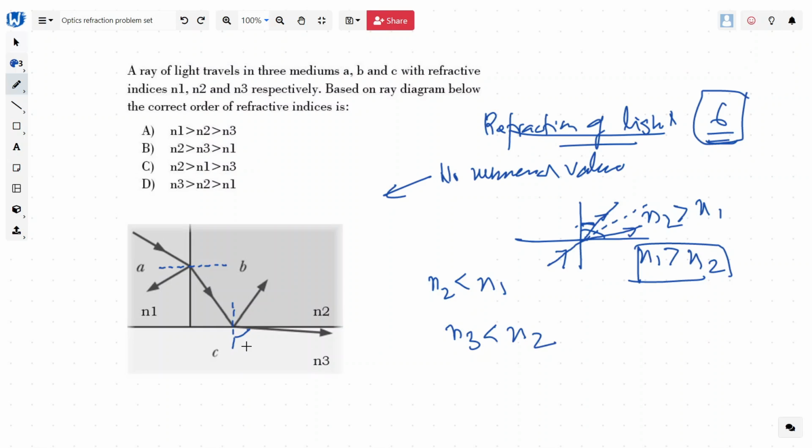Looking at this angle, we can see it's bending further away, which means that N3 is the smallest, then we have N2, and then this angle, which is smaller than this, is basically N1.